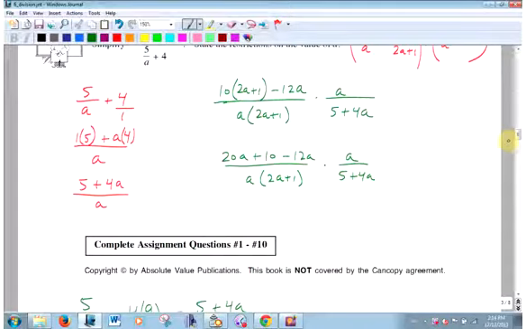Okay, I got some a's to collect. What's 20 apples take away 12 apples? 8 apples times a times 5 plus 4a.